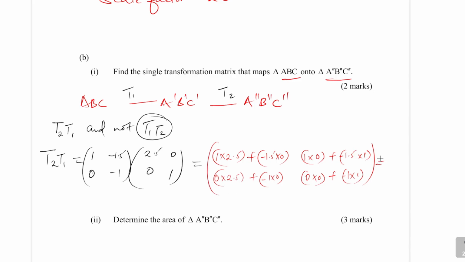So this will give 2.5, and then when you add these, you'll get negative 1.5. Then this one will give 0, and then this one will give negative 1. That is exactly what you're supposed to get as the single matrix of transformation.